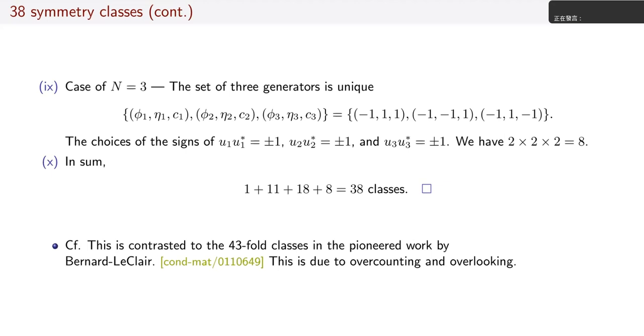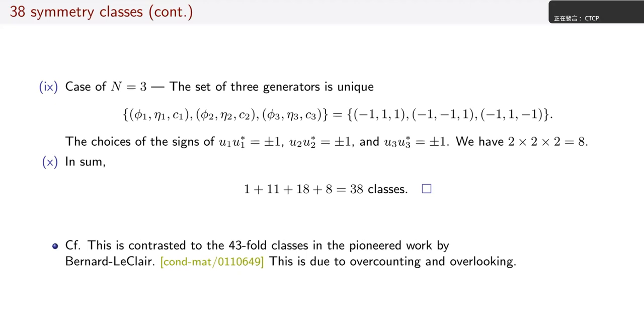This is our last case. The group is D2 cubed. In this case, there should be one anti-unitary group element. Then the pattern is unique.